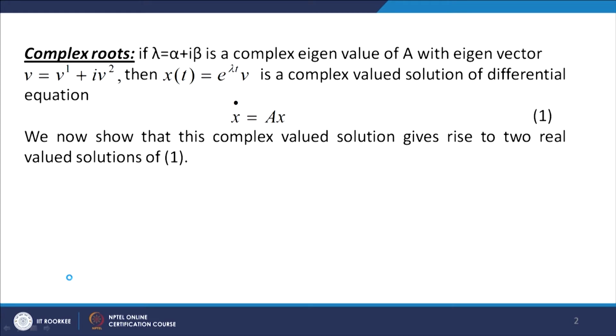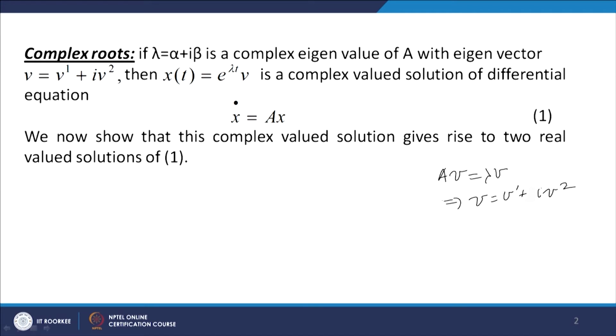So, first we consider the case where lambda is equal to alpha plus i beta, and we assume the associated eigenvector b, from A b equal to lambda b, is b equal to b1 plus i b2.